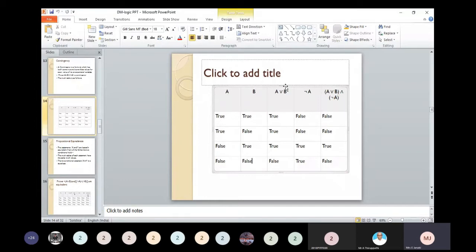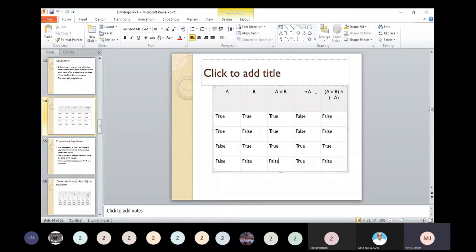First find out A or B, the disjunction value. If both values are false, then the disjunction is false. So A or B is false in that row, and the remaining entries are true.